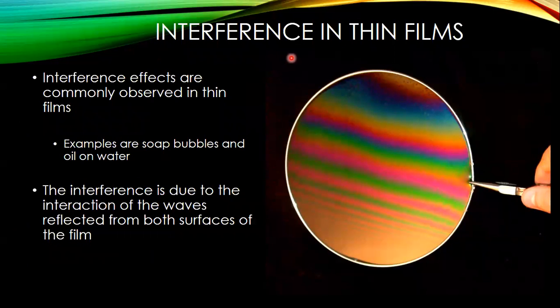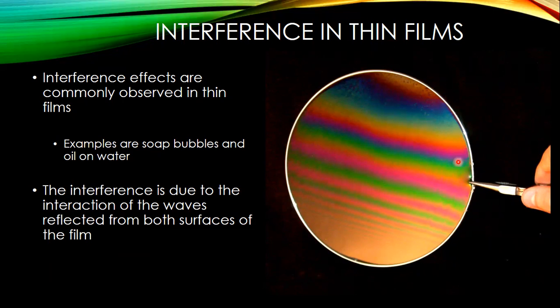Let's take a look at one of the simplest examples of interference in a thin film. This is a soap bubble. And of course, the soap bubble forms because we have a surfactant there, some type of detergent, some type of soap. And that's going to create a two-surface fluid with the water sandwiched in between.